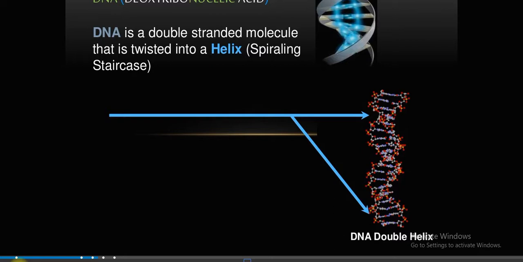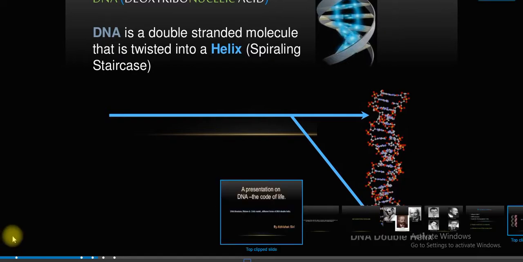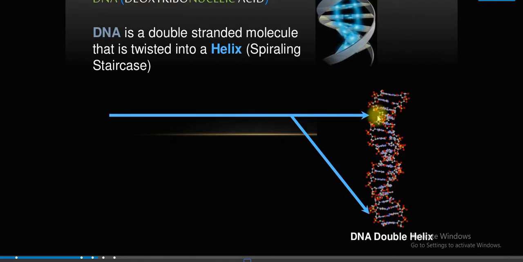As you can see in this given diagram, this is a polynucleotide strand, and these two polynucleotide chains make a double-stranded DNA helix.